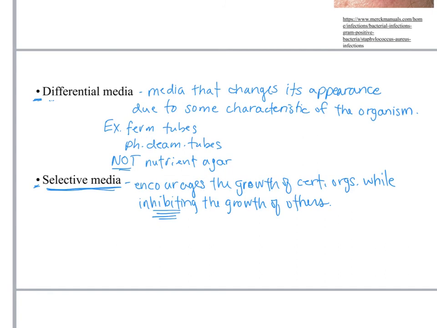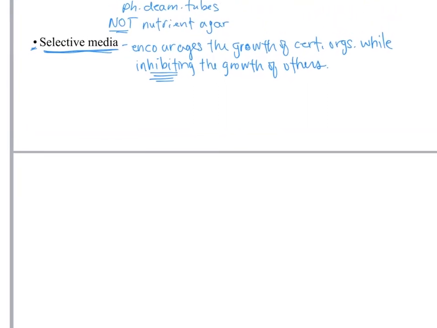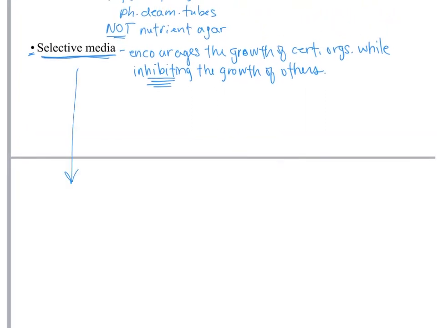Okay, so the selective media that we're going to inoculate today we abbreviated CNA BAP. Okay, and that stands for colistin and nalidixic acid blood agar plate.